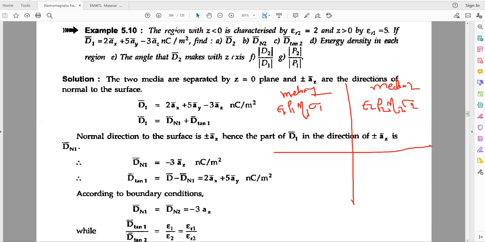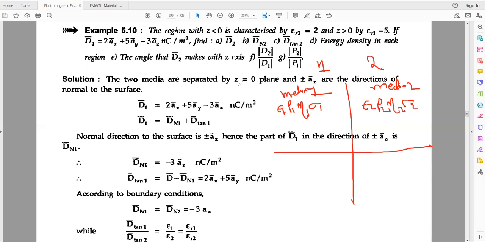And here tangential 1 is in medium 1, and tangential 2, the normal 1 and the normal 2. Okay. And for electric field and electric flux also, D1 is in medium 1 and D2 is in medium 2, E1 is in medium 1 and E2 is in medium 2.